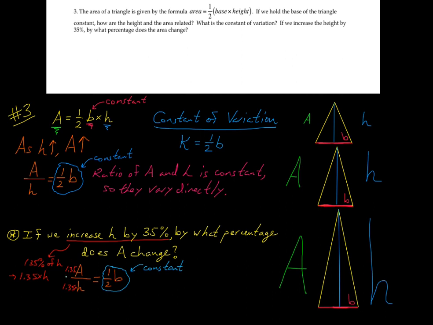So really, what has happened to A from this change in the height? The punchline is that if you increase the height by 35%, since the area and the height vary directly, then A, the area, will also increase by 35%. Okay?